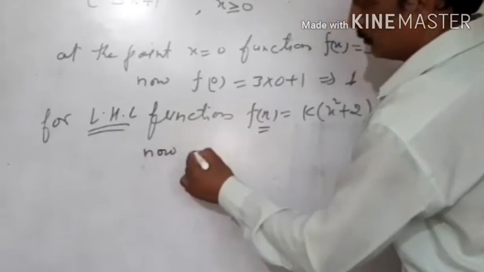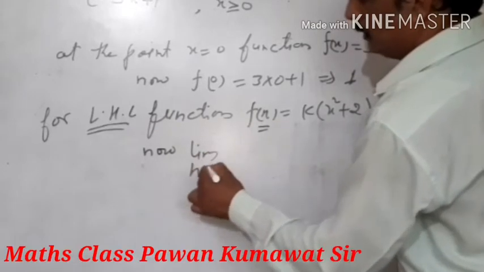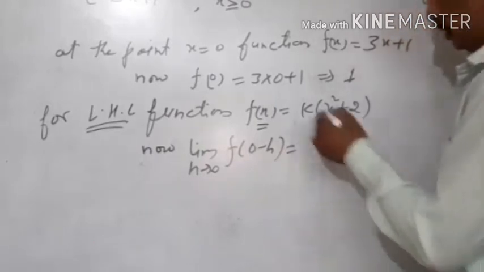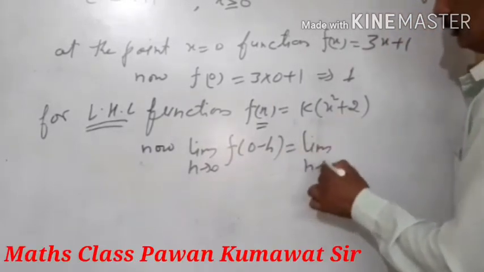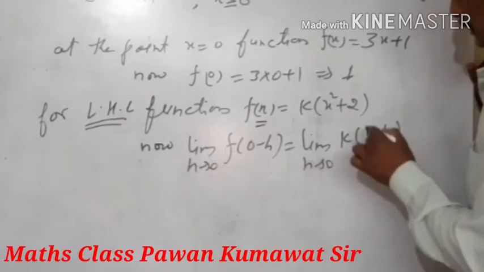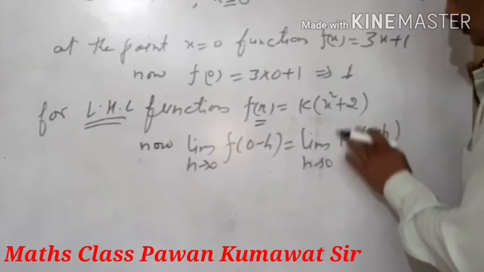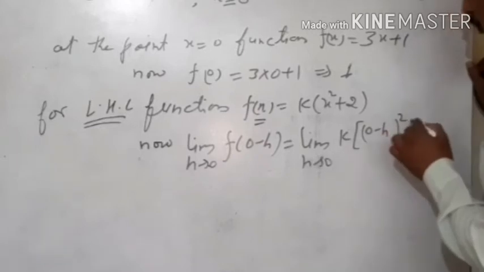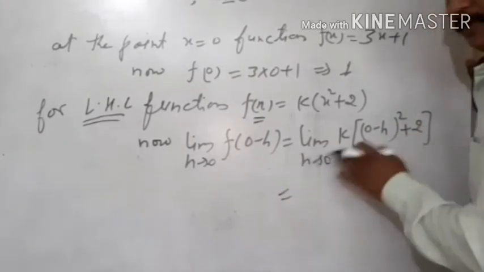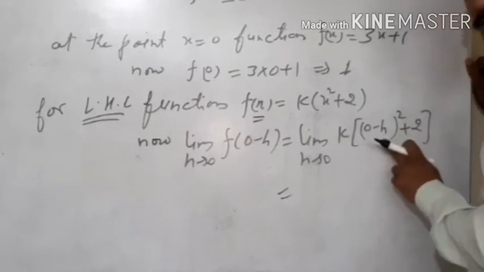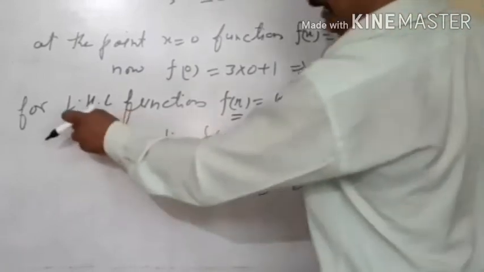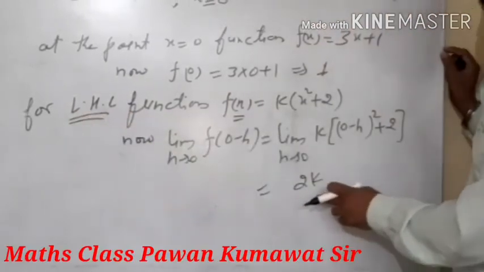So limit h tends to 0 of f(0 minus h) is k times (0 minus h) whole square plus 2. Now can we calculate it? It is 0, so the value of LHL is 2k.